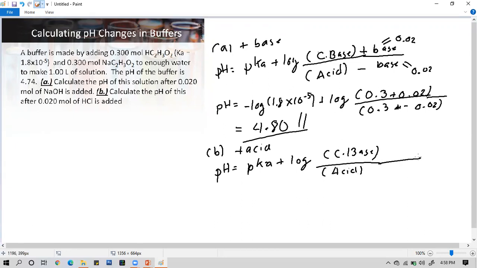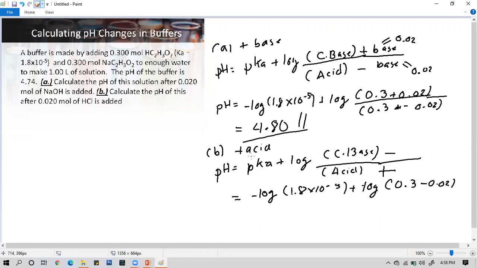Ang mangyayari dito is, ito yung madadagdagan, ito yung mababawasan. So, let's have it again. Okay, solving. Negative log of 1.8 times 10 raised to negative 5 plus log, what is the numerical value of conjugate base? That is 0.3 minus 0.02.